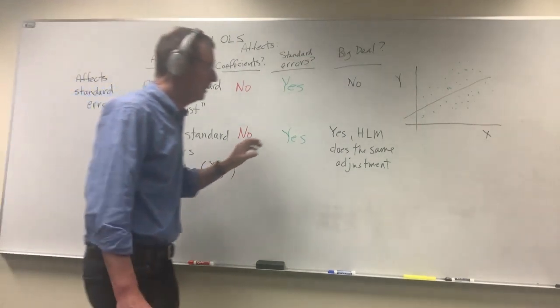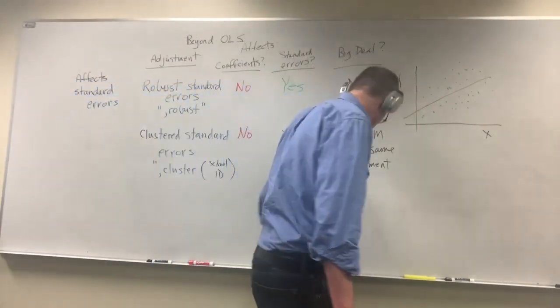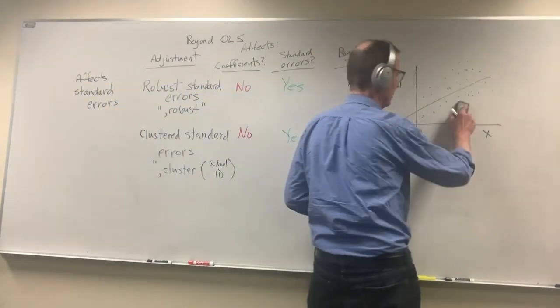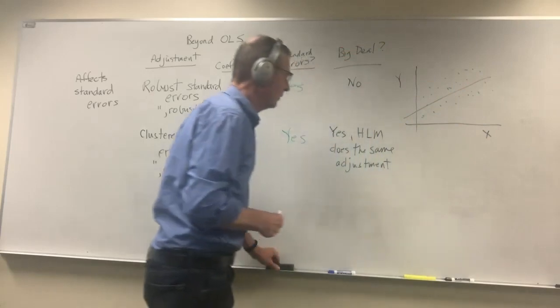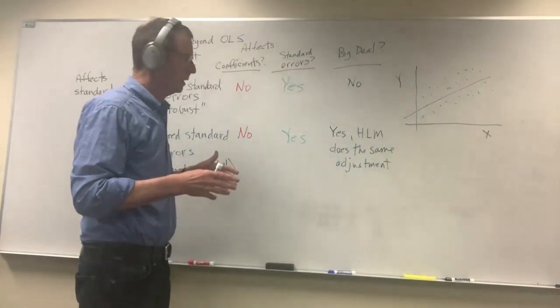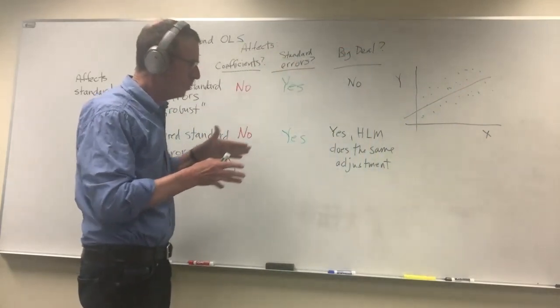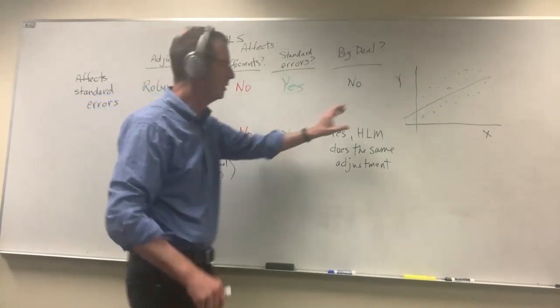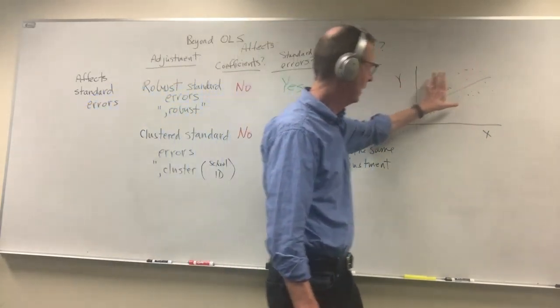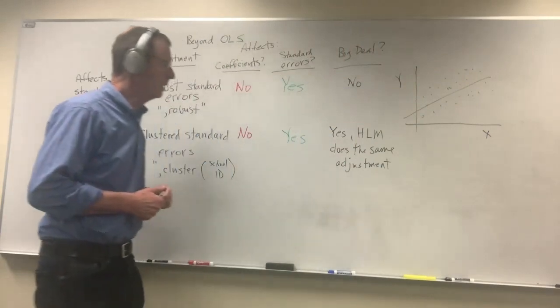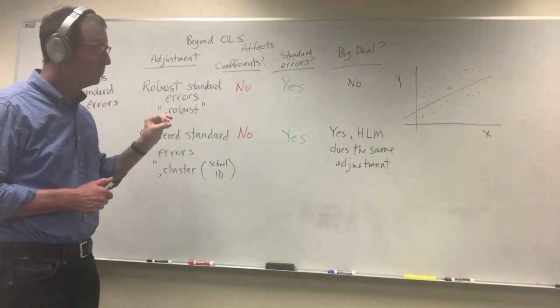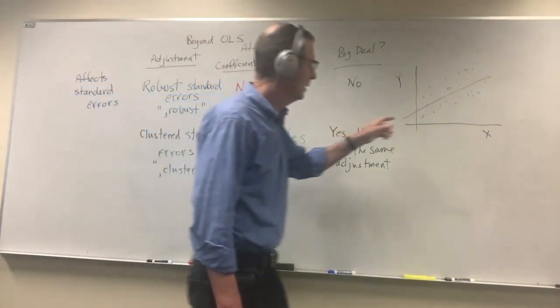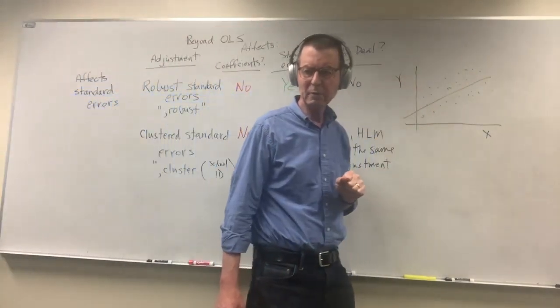So not only does the OLS model assume, let's take away these offending observations here, not only does the OLS model assume that there's this homoscedasticity, this constant variance as you go up and down the level of X, but it also assumes that every observation is independent of every other observation.